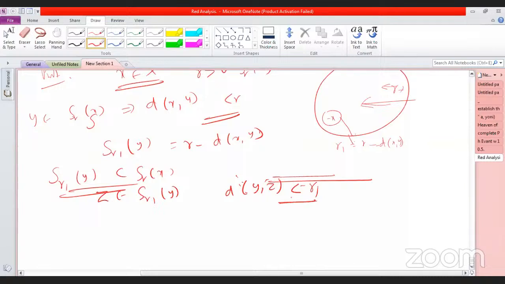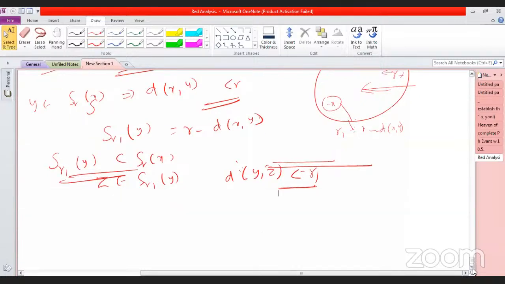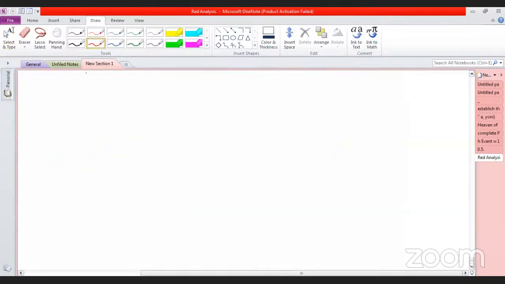Why are we taking d(y, z)? Taking S_r1(y) as a subset of S_r(x), for z in S_r1(y), we consider d(x, y) and d(y, z). So the condition on d(y, z) is that it is less than r1. So we are taking d(x, z) less than or equal to d(x, y) plus d(y, z), which we can write from earlier problems.